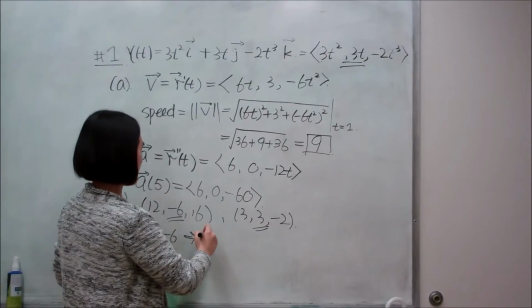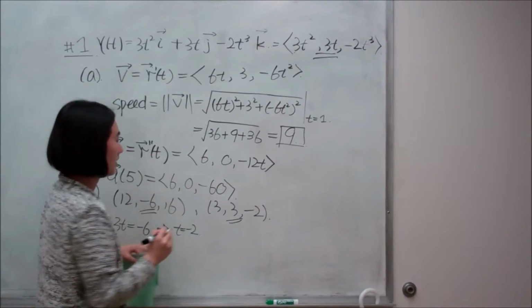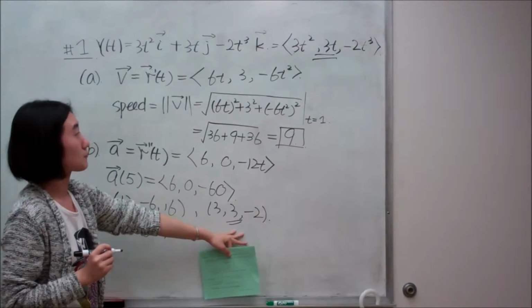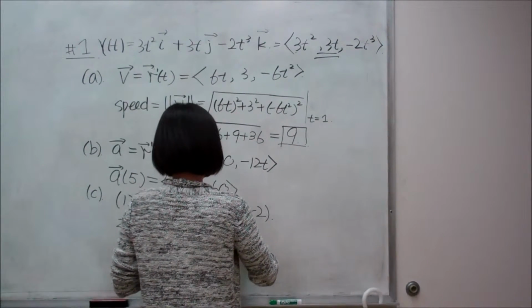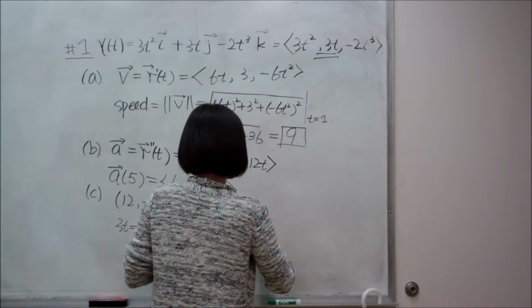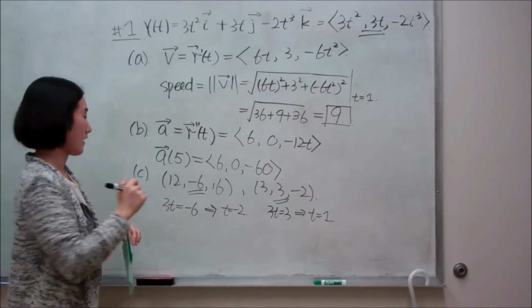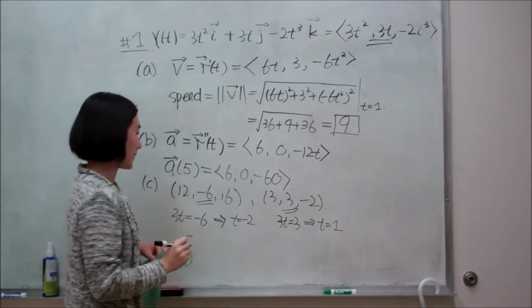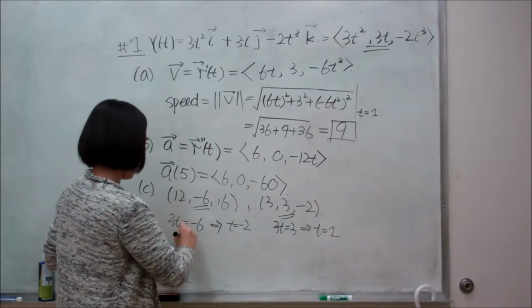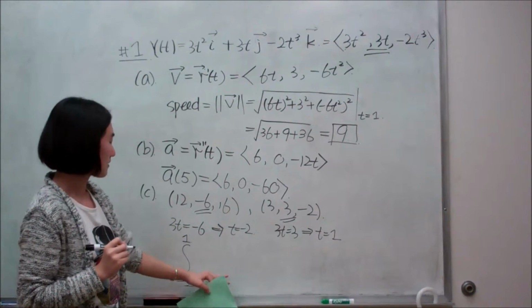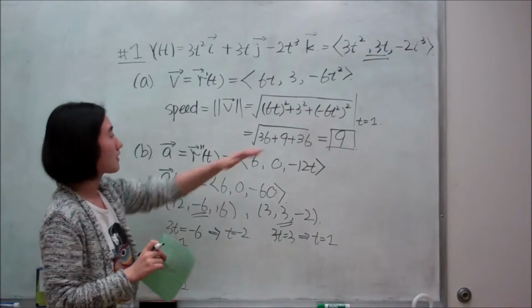Then we're going to get t equals negative 2. And similarly, 3t equals 3 means t equals 1. So our setup will be from negative 2 to 1, and the speed inside, which is this term.